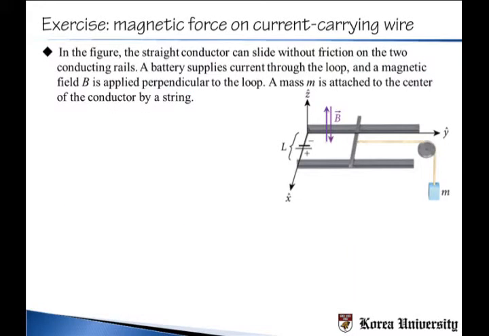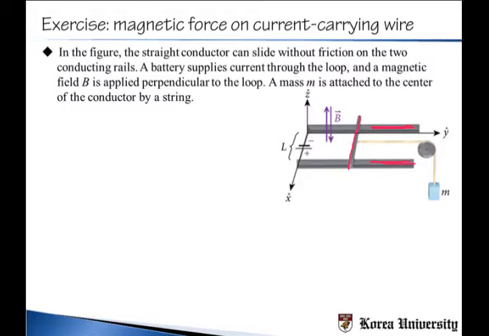Now let's try a very simple exercise about magnetic force acting on current carrying wires. Okay, here we have in the figure two conducting rails running along the y-axis, and they are not moving. There is a straight conducting bar which is placed on top of these rails, and it can move left or right.